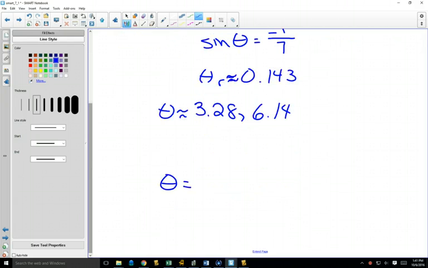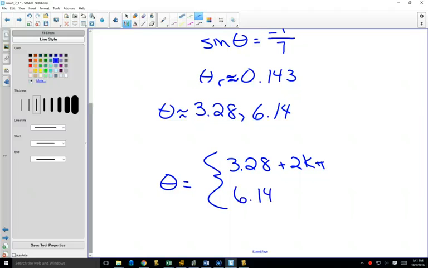Our general solution, we take each of those answers and add 2k pi, because that would write all of the coterminal angles for them.